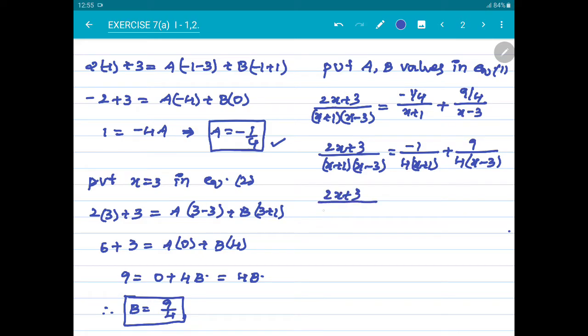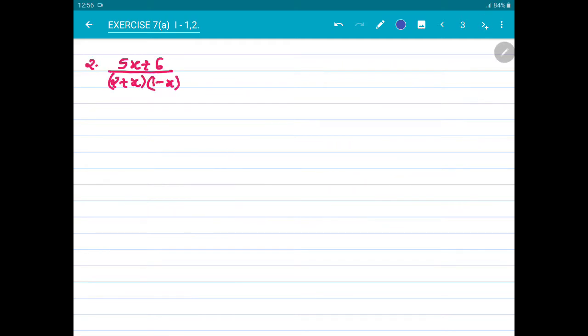So (2x + 3)/((x + 1)(x - 3)) = 9/4 times 1/(x - 3) minus 1/4 times 1/(x + 1). This is the final step. Now let us move on to the next question.